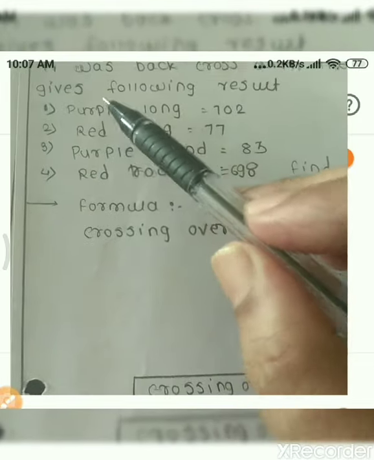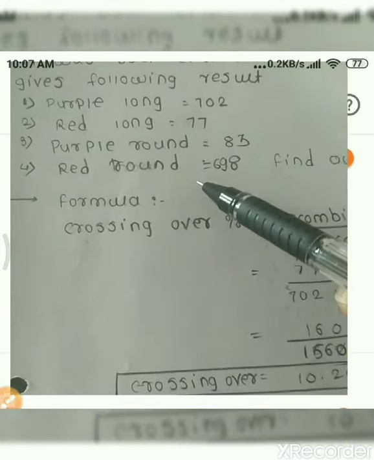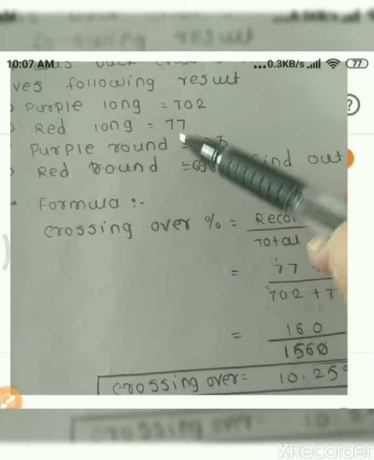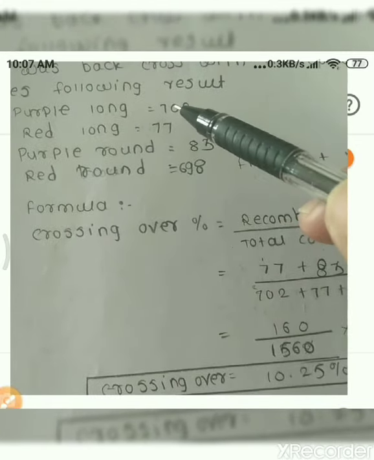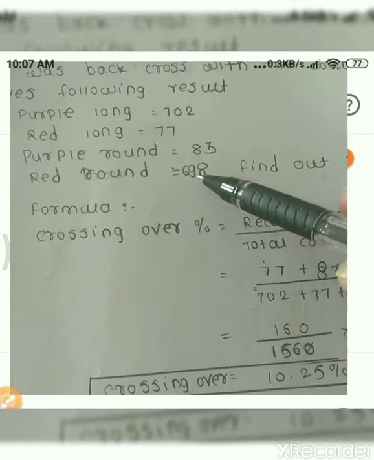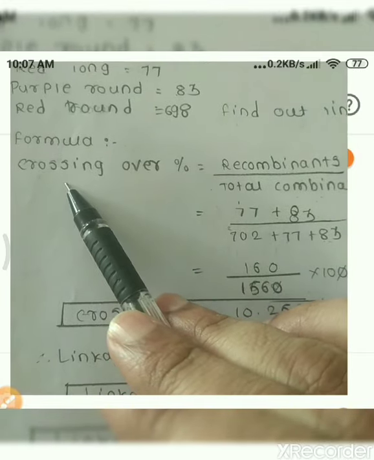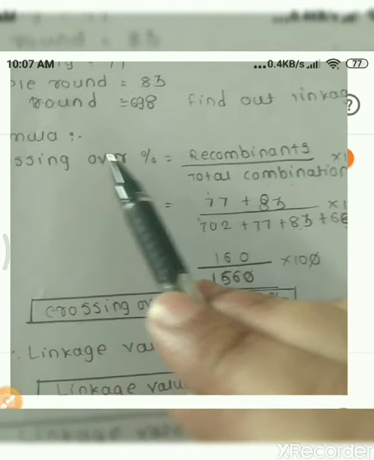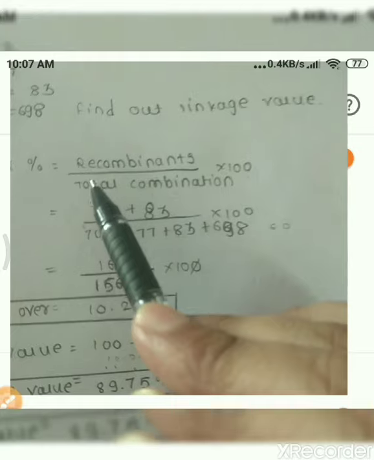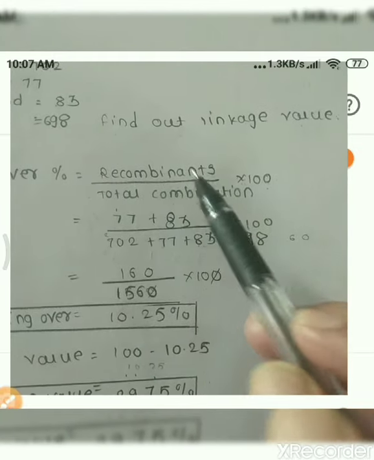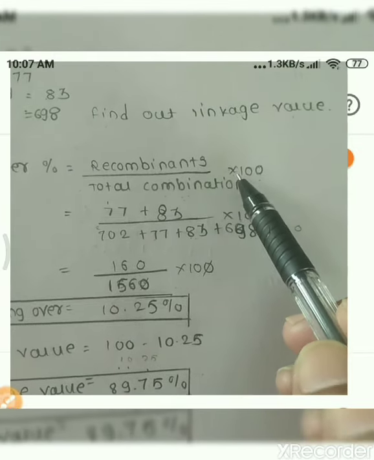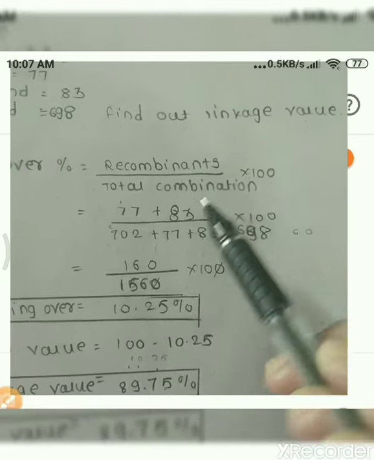So purple long and red round are the parental characteristics and these are the recombinants. Firstly identify the parental combinations and recombinants, then put all these values into the simplest formula: crossing over in percentage is equal to recombinants upon total combinations multiplied by 100.